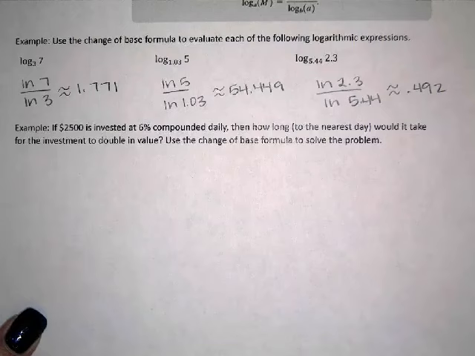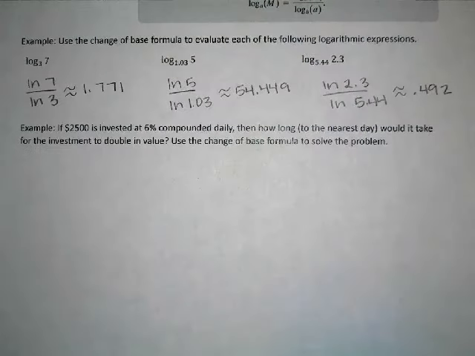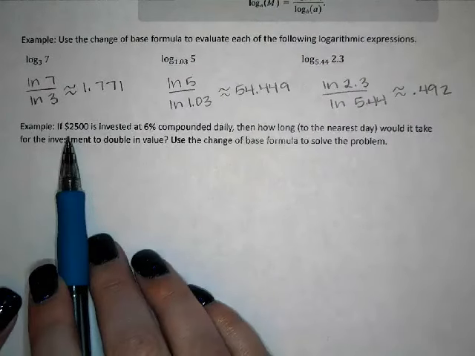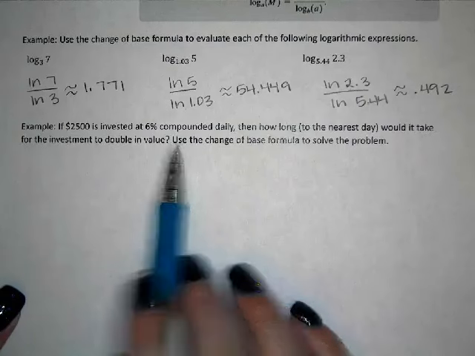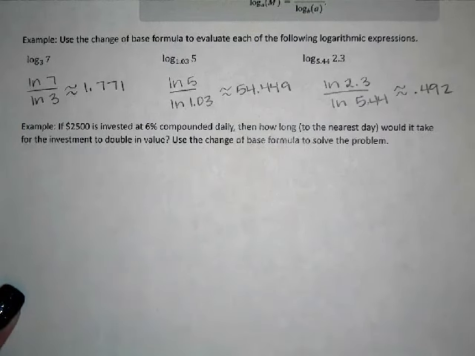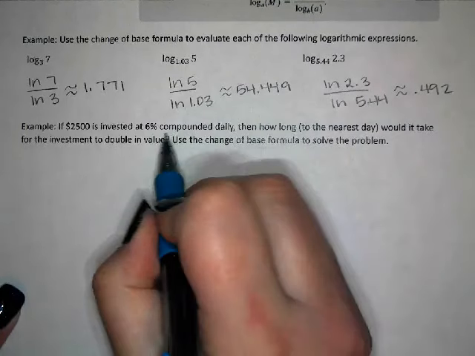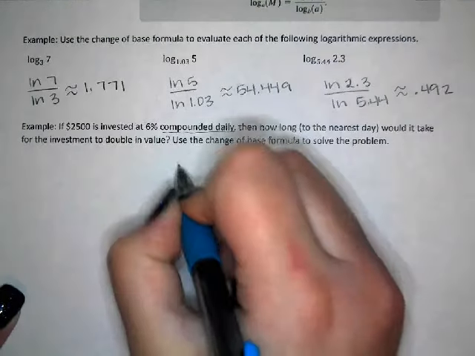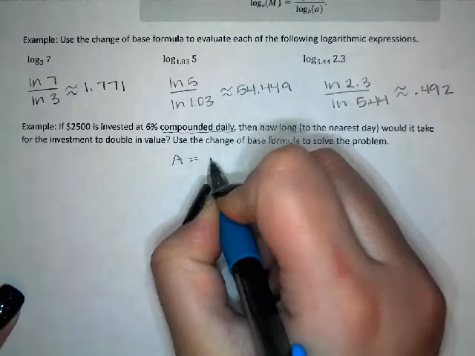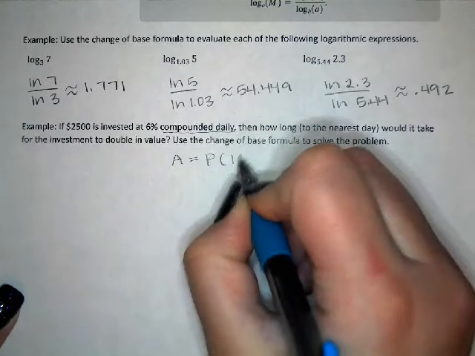Okay, so this last problem is more of an application problem, and it says if $2,500 is invested at 6% compounded daily, and when it says compounded daily, that tells us we're using A equals P times 1 plus r over n to the nt.